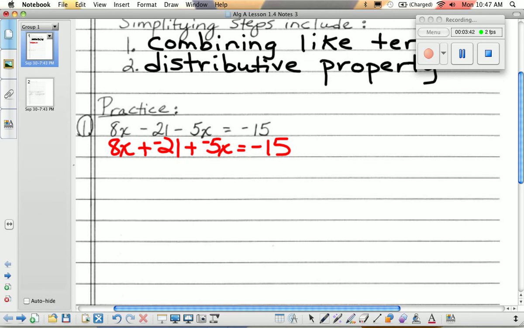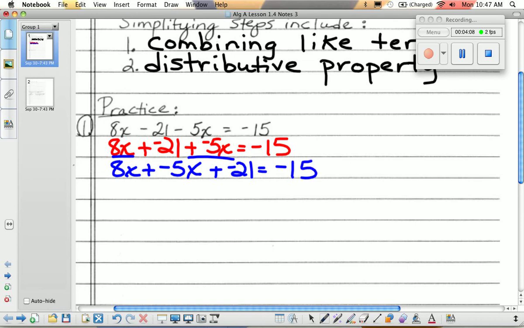Okay. So now we're going to rearrange it so that like terms are beside each other. So we're going to put the 8x plus the negative 5x first in our equation. Algebra likes to let any terms that have the variable in them be first. Plus our negative 21. So all we're doing is rearranging the left side.